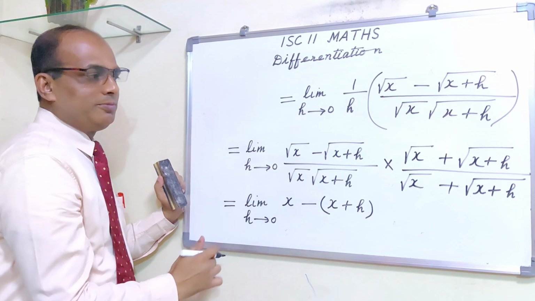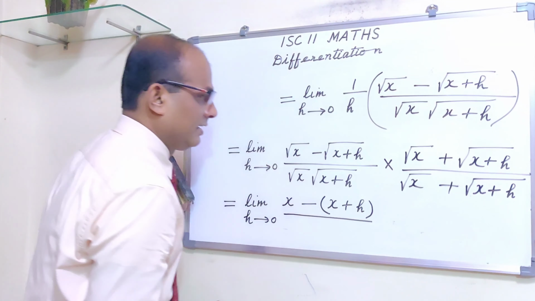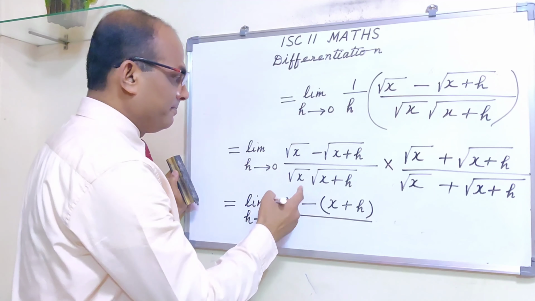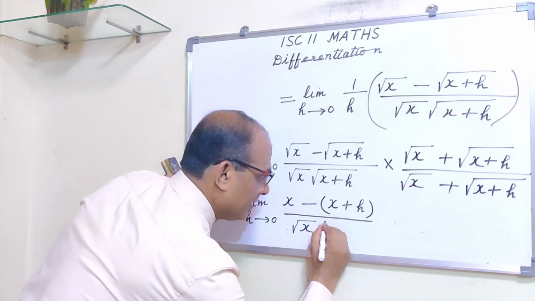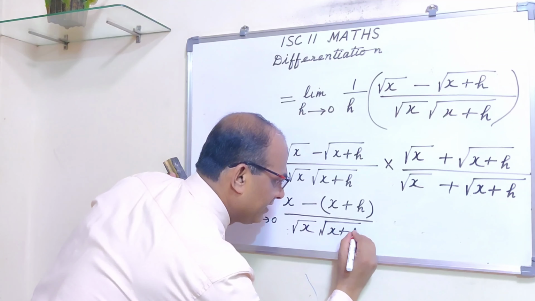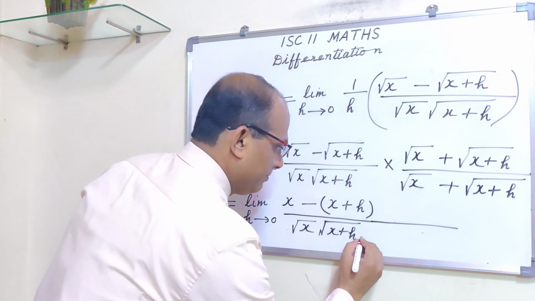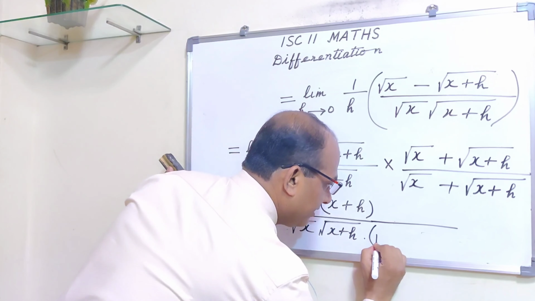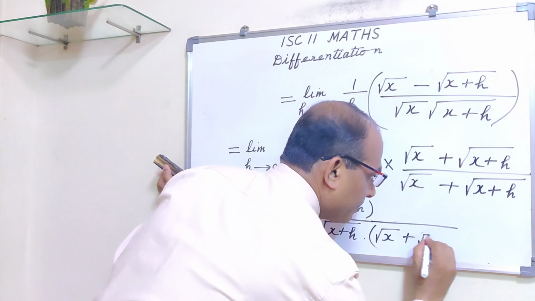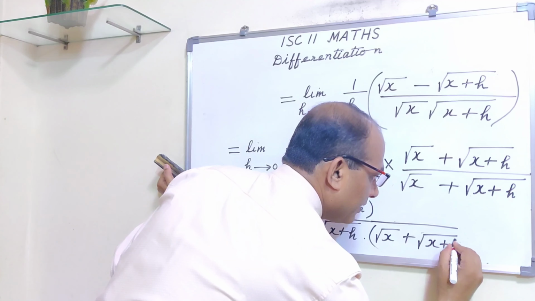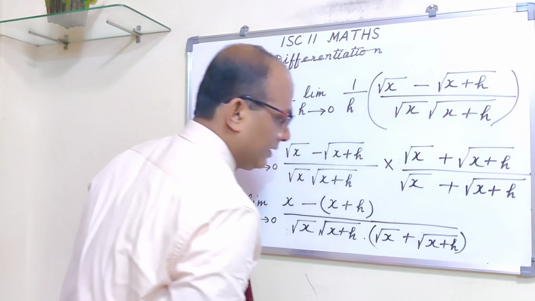So a square minus b square, and whole divided by root x as it is, then root x plus h as it is, and then this also into root x plus root x plus h.